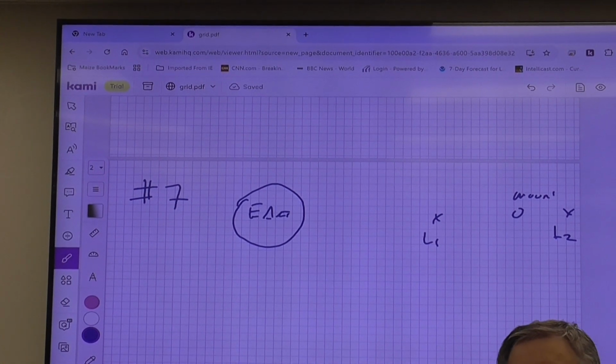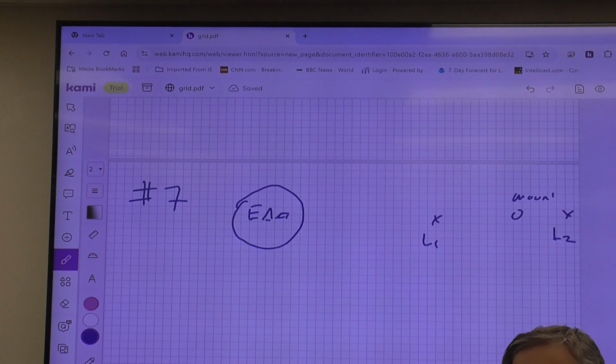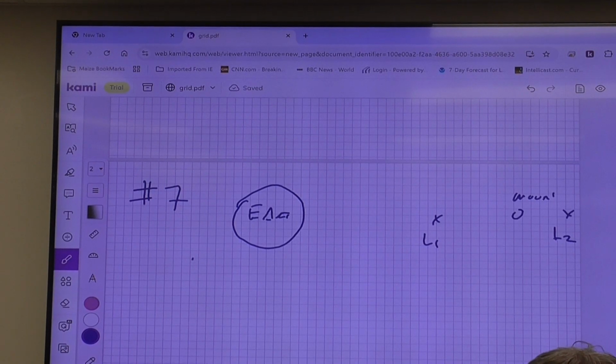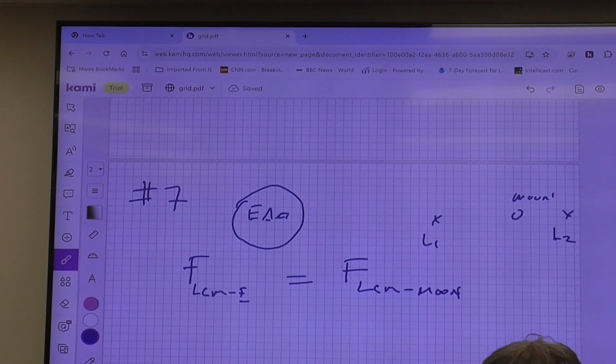L1's the simplest one to visualize because it's like the mid-ridge in between 2 gravitational wells. But here's where this idea starts, is that the gravitational force between the Lunar Command Module and the Earth at some point has to equal the gravitational force between the Lunar Command Module and the moon.